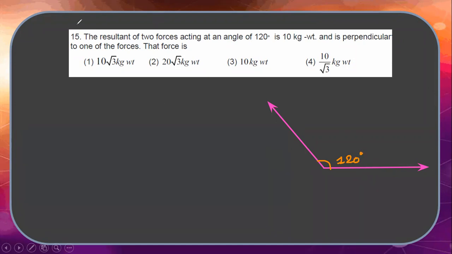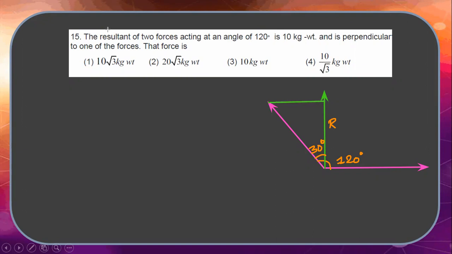This vector is at a right angle to it. This is the resultant vector. The resultant vector is at a right angle to it. Then it makes an angle of 30 degrees. This is what I have taken.